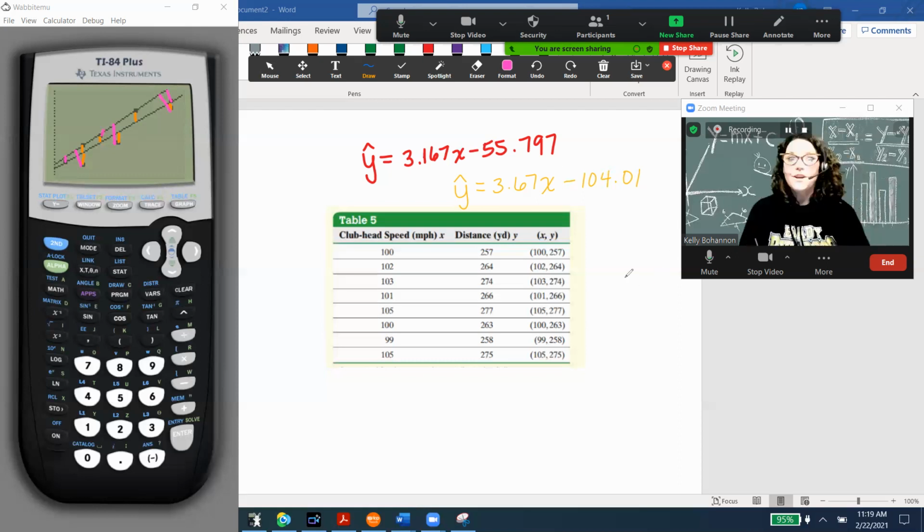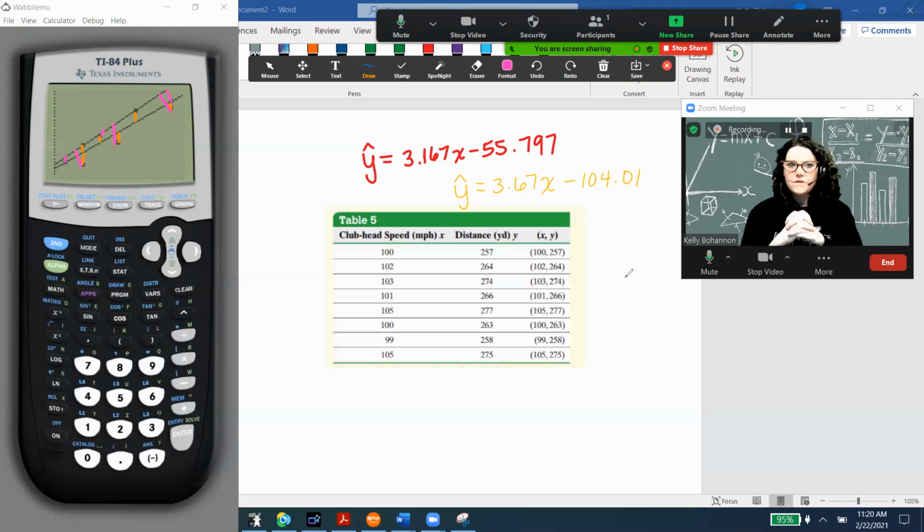You can see that the residuals, the pink, to the line that we did by hand, there's more of that than there is of the orange. If you lined them up end to end, it would probably be quite a bit longer. The pink is further away. The distance that our dots are from the line we did by hand is greater than from the line that the calculator did. But we need actual data to show it.